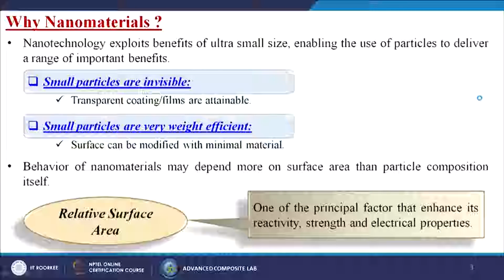What are those? First, small particles are invisible, as I told already, we cannot see them with our naked eyes. Transparent coatings or films are attainable. Small particles are very weight efficient. Surface can be modified with minimal material. The behavior of nanomaterials may depend more on surface area than on the particle composition itself.